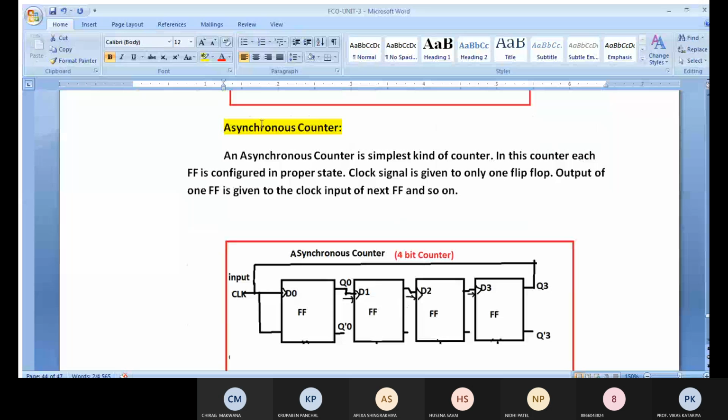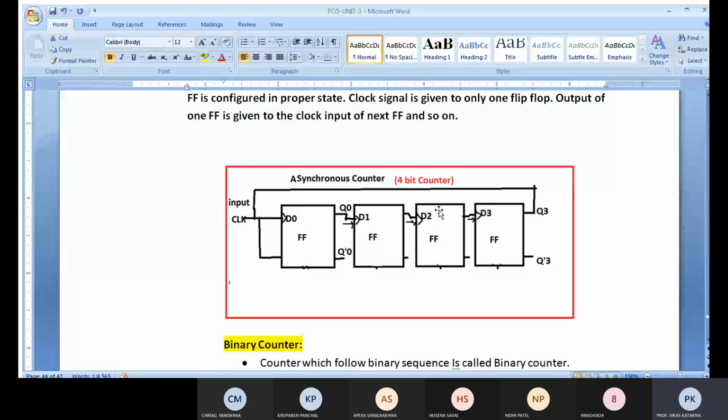In an asynchronous counter, the output of one flip-flop is considered as the clock pulse, or an input, for the second flip-flop. Similarly, the output of the second flip-flop is considered as the clock pulse for the third flip-flop, and the output of the third flip-flop is the input of the fourth flip-flop. So the clock pulse is working as an input for the next flip-flop.